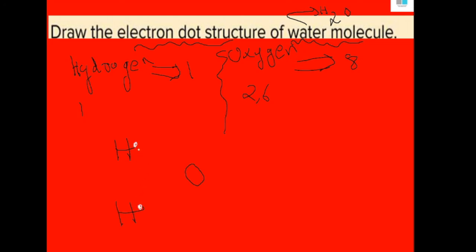Hydrogen's outermost shell has 1. But oxygen's outermost shell has 1, 2, 3, 4, 5, 6. Now one hydrogen requires only 1 electron to have 2 electrons in its outermost shell, and the other hydrogen also requires 1 electron. But oxygen requires 2 more electrons to have 8 electrons.